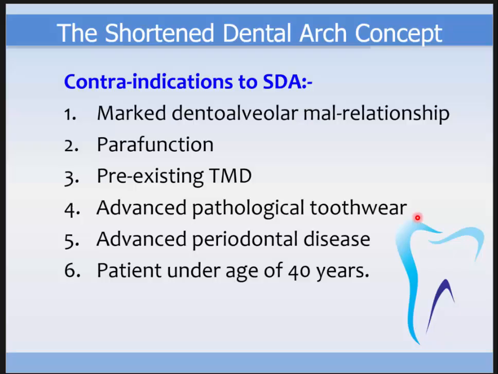In which case do we say it's contraindicated, or we don't propose this shortened dental arch? On patients who have a marked dental-alveolar malrelationship, where the patient has a severe class 2 incisor relationship or severe class 3, where the front teeth will never meet at all.